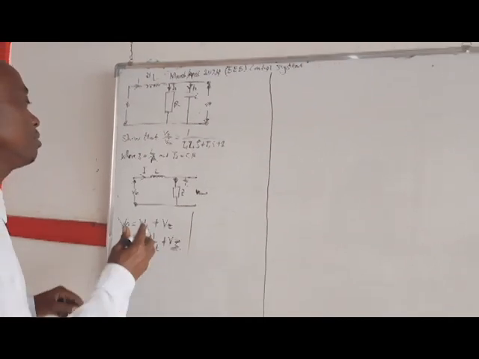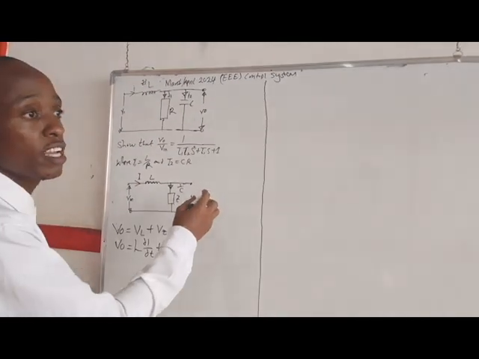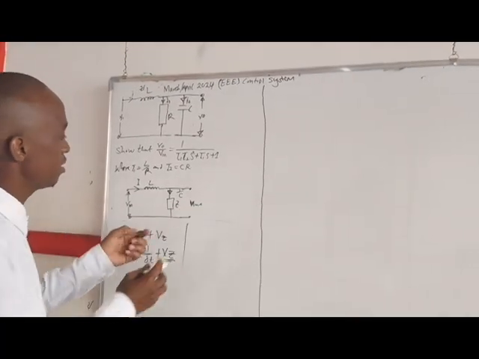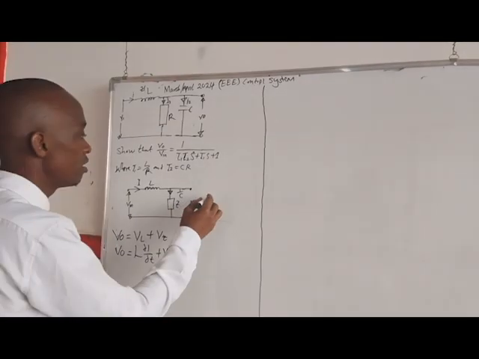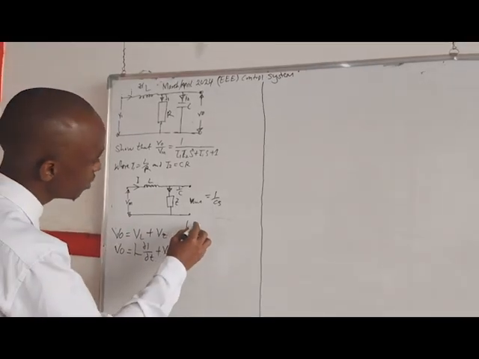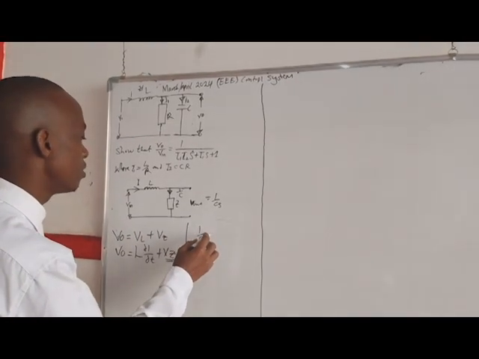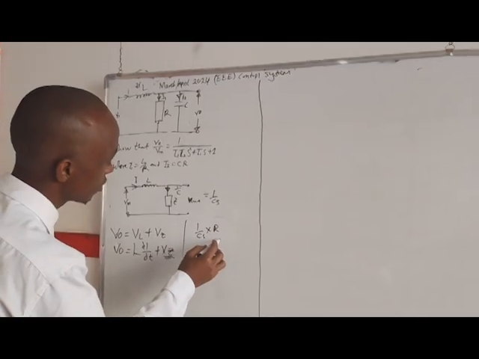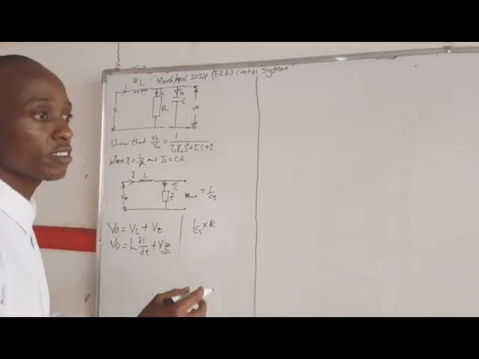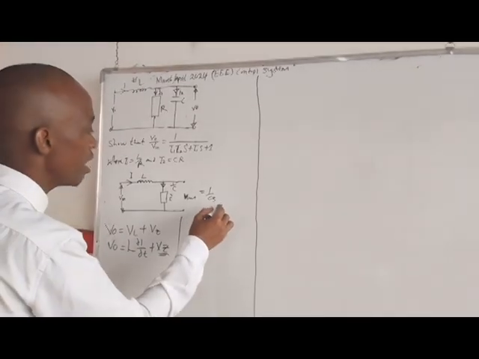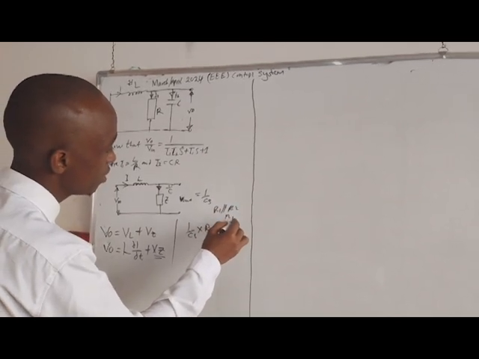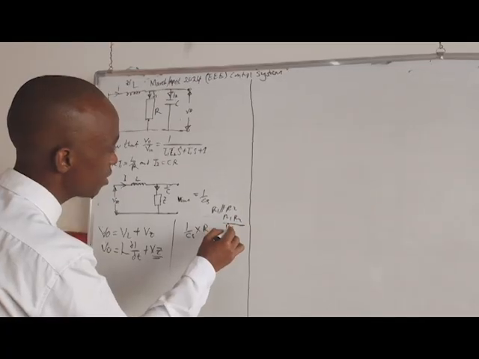So remember, the reactive capacitance in our network using Laplace transform is 1 over Cs. So we have 1 over Cs. Now we multiply by R because it is in parallel. Remember this formula: two parallel resistances, let's say R1 and R2, in parallel are given by R1 R2 divided by R1 plus R2.